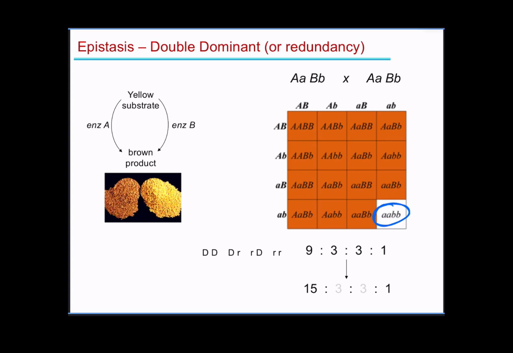So all of these in which either or both of the loci have a dominant are indistinguishable from one another. They mask each other, or the absence of each other, in a way, and the 9-3-3 all collapse into a 15. As I was saying before, there are two ways to learn epistasis.